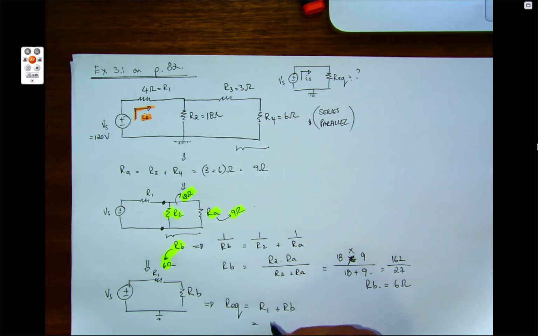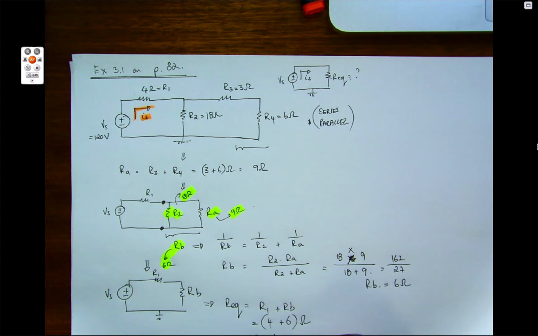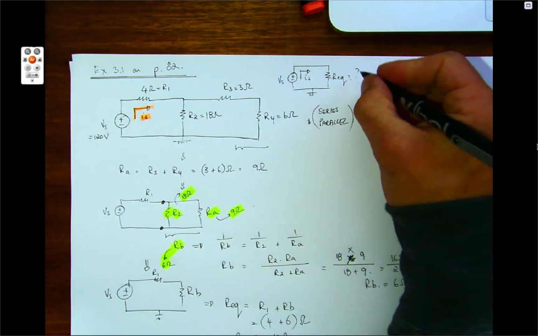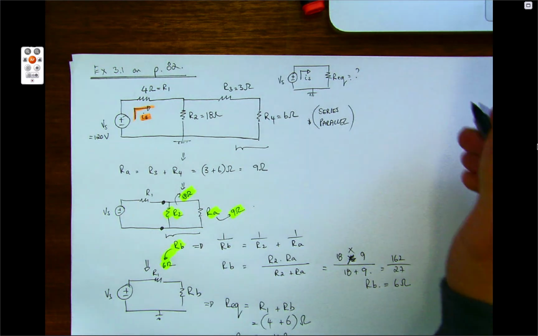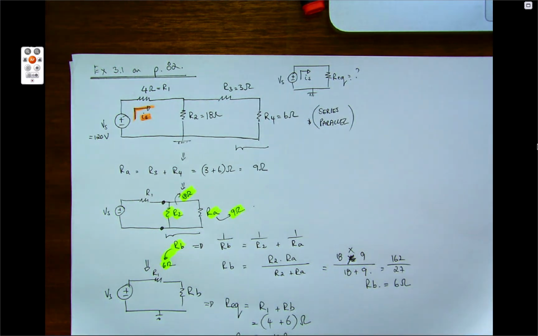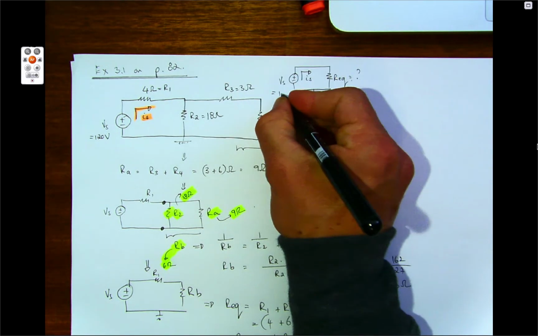This is 4 ohm plus 6, giving me 10 ohm. So now I've got my value for R equivalent, which is 10 ohm, and I have my value for Vs, which is 120 volt.